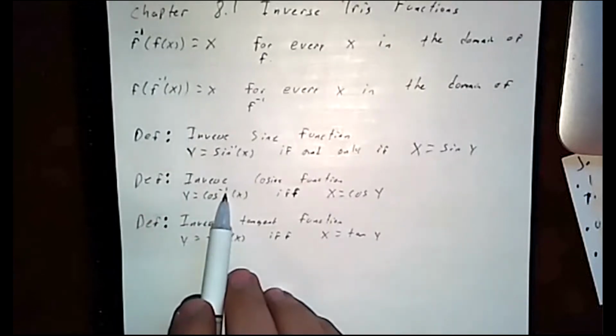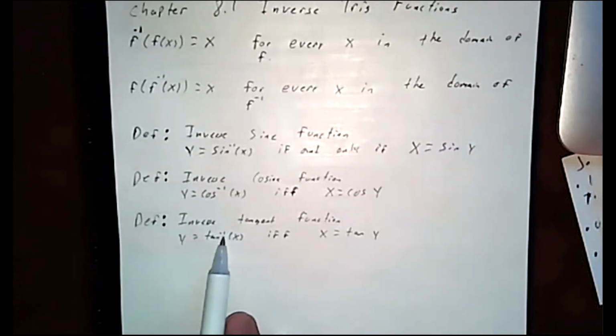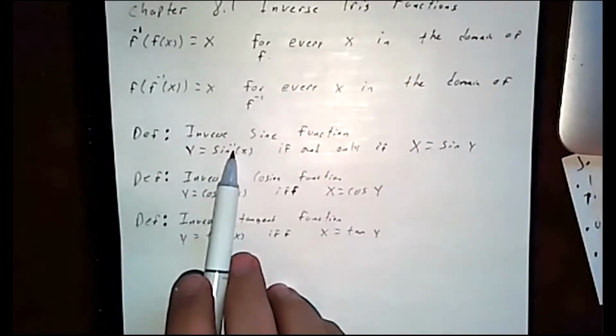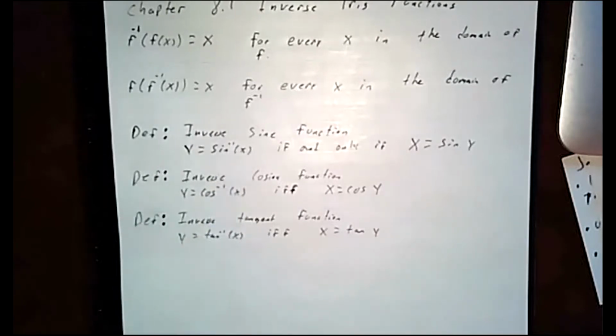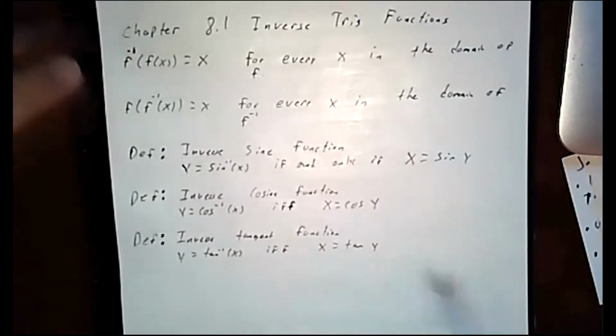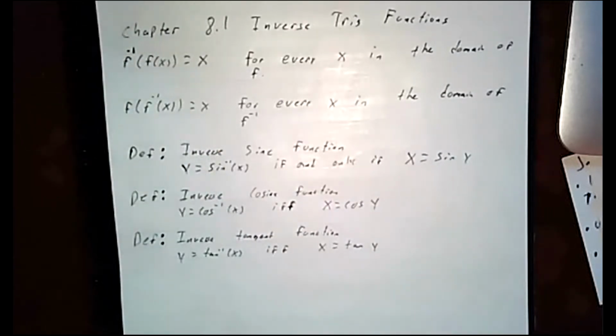This is a -1. So it is here as well, and sine inverse. So -1 means inverse of sine. Okay. And the top part is the requirement for something to be an inverse of a function. And I'll show you an example, a basic one, so you can remember what inverse means.